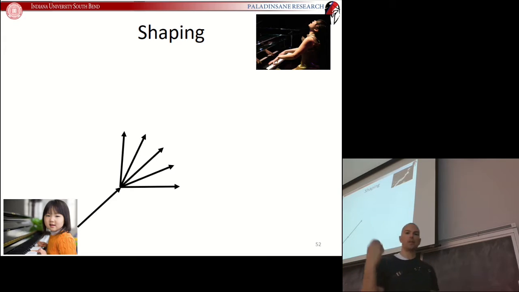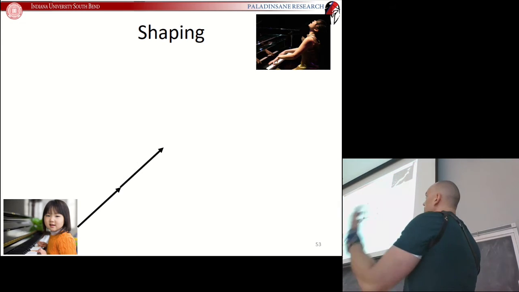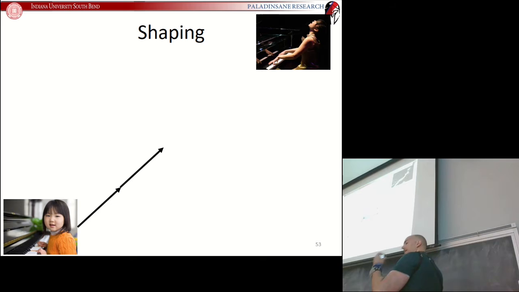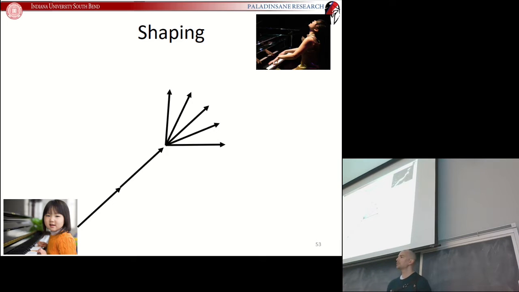So again, these incorrect behaviors would either be punished or they can be completely ignored, go through extinction. The correct behavior gets reinforced. Eventually, that correct behavior will become highly probable, will always occur. So when you ask somebody, can you play a scale? They're like, yeah, whatever. Da, da, da, da, da, da, da. So then you start doing more complicated behaviors.